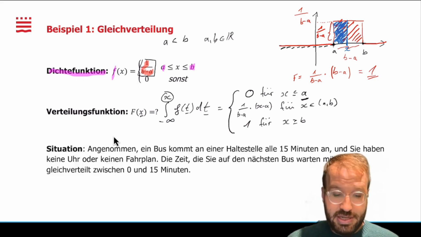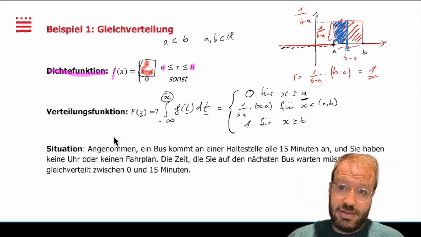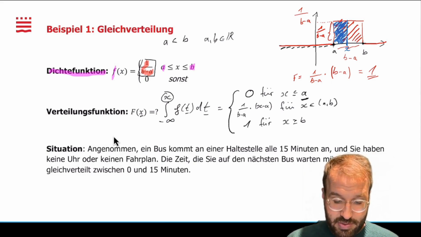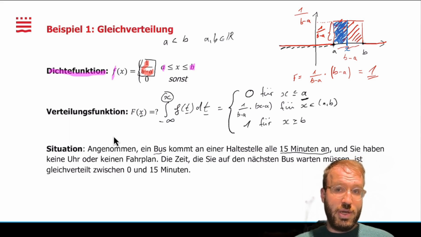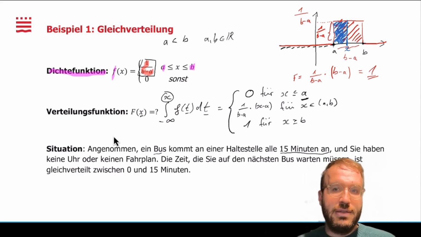And now the question is, in what situations does such a uniform distribution occur? In reality, for example, imagine you have a bus that arrives every 15 minutes. You are sitting at the bus stop, but you have no watch, and you also have no schedule. And you should consider how likely it is that the bus will arrive in the next X minutes.